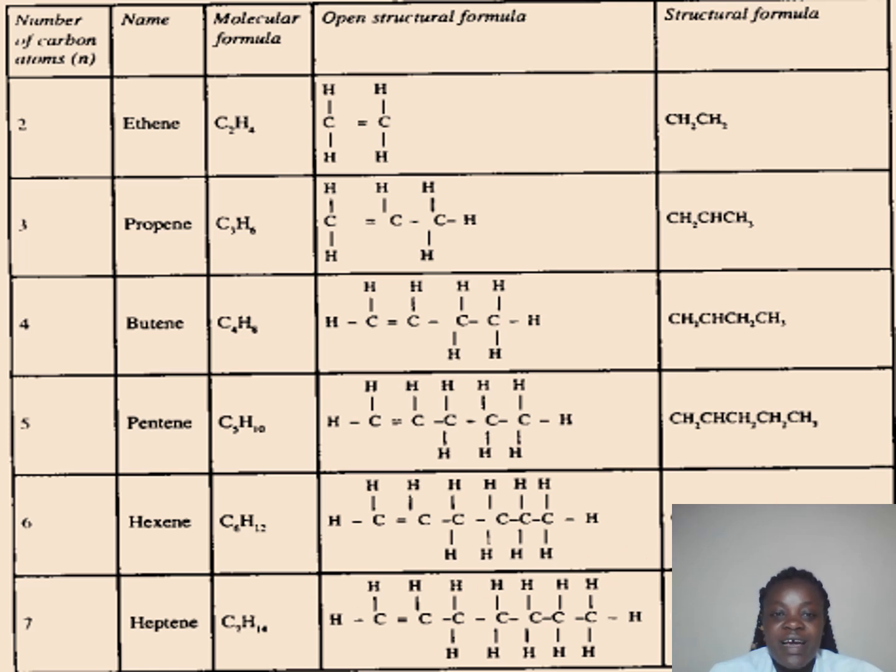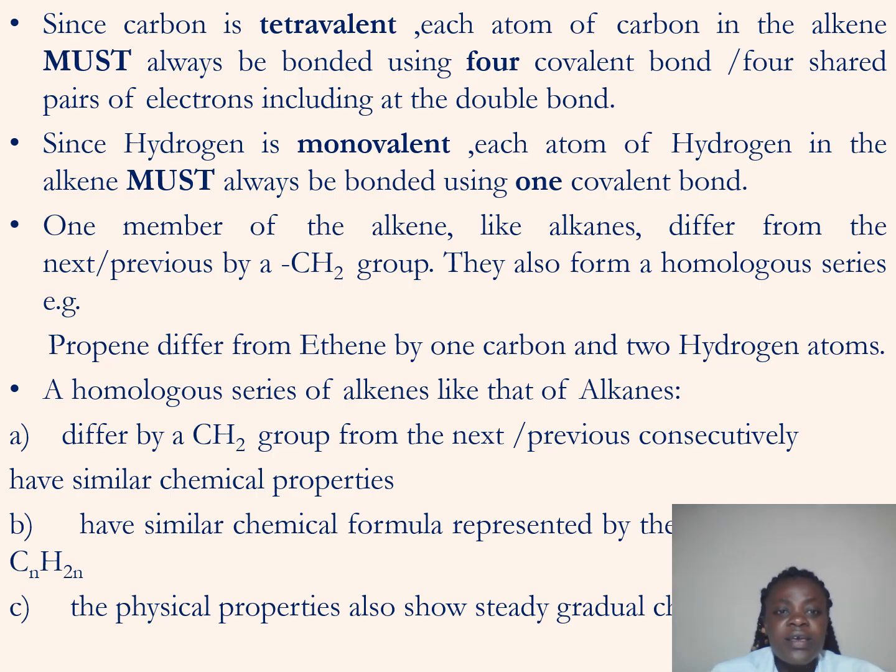We have their molecular and structural formulas. So since carbon is tetravalent, it must be bonded by what? By four covalent bonds. So for an alkene, where we have single bonds, the carbon atoms must be connected with other bonds, whether to hydrogen or maybe to another substituent like a halogen.